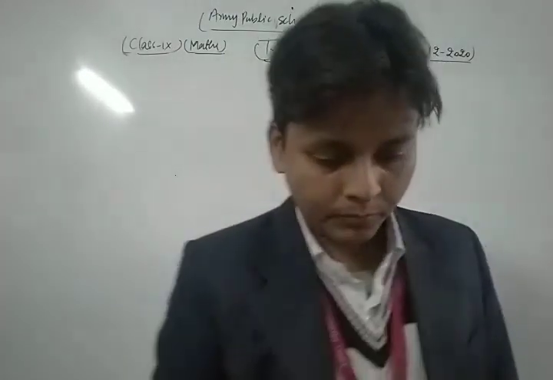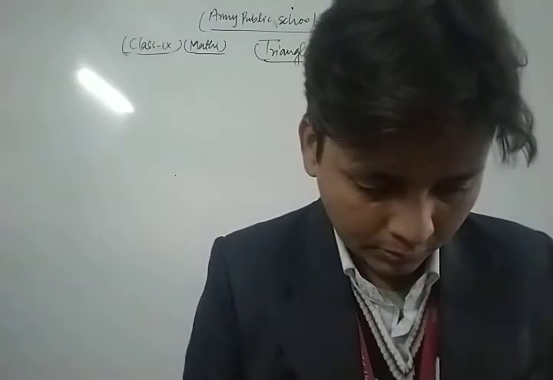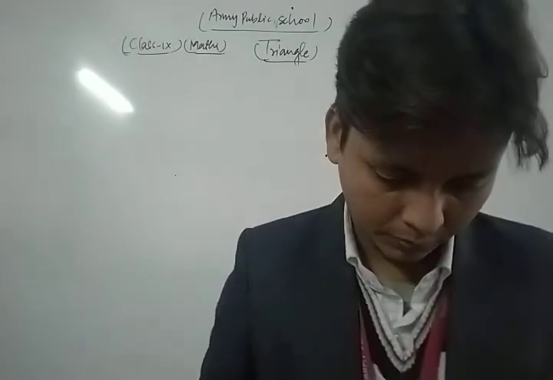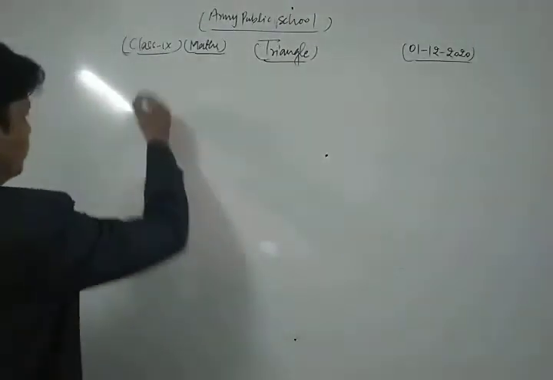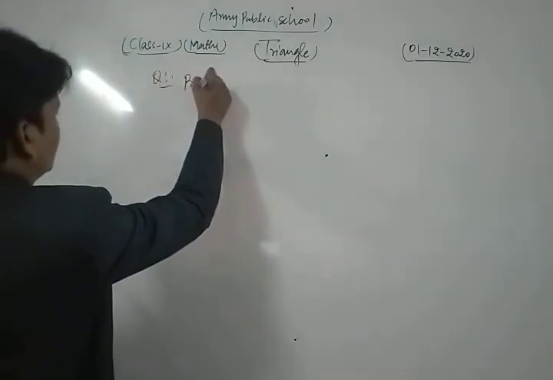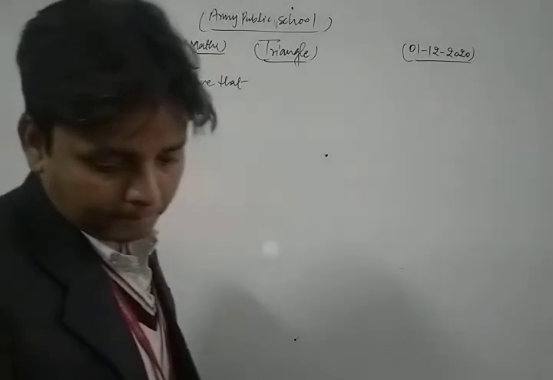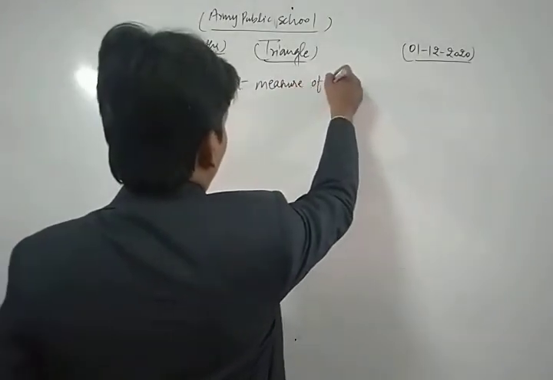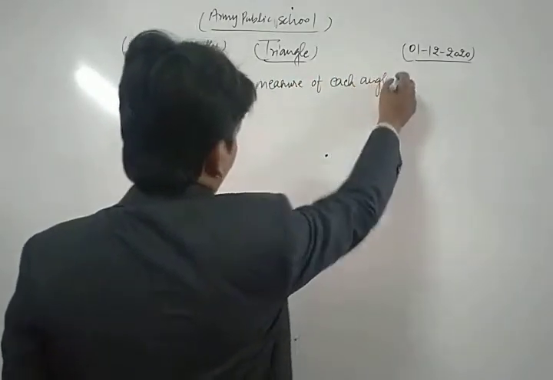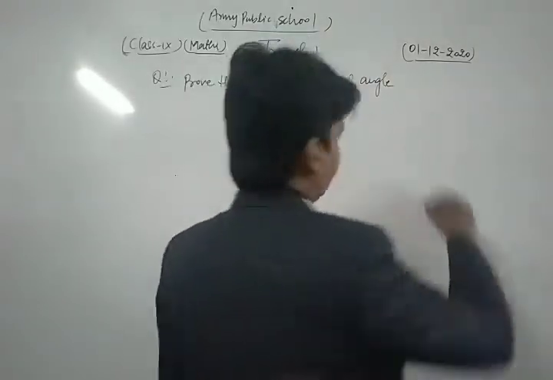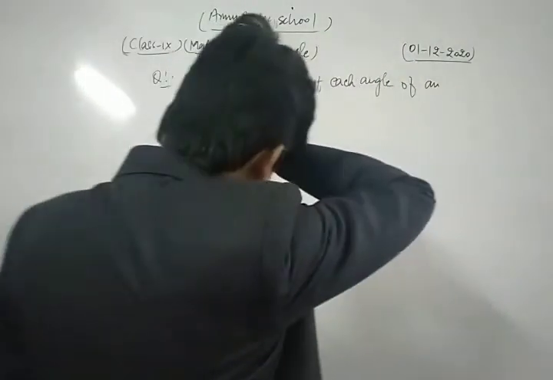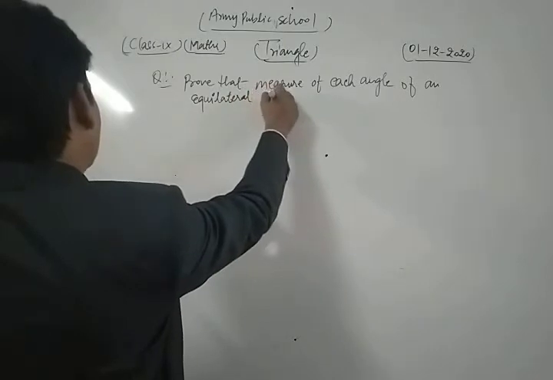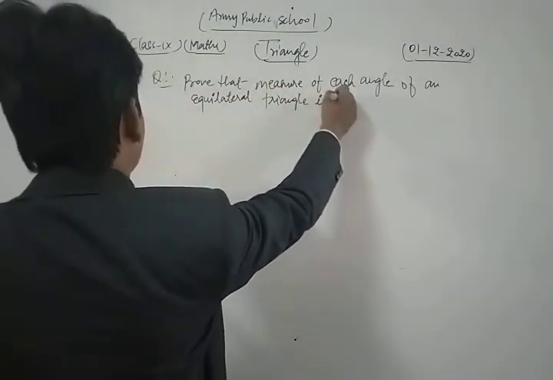Now, dear students, we take one more important question. Prove that the measure of each angle of an equilateral triangle is 60 degrees.